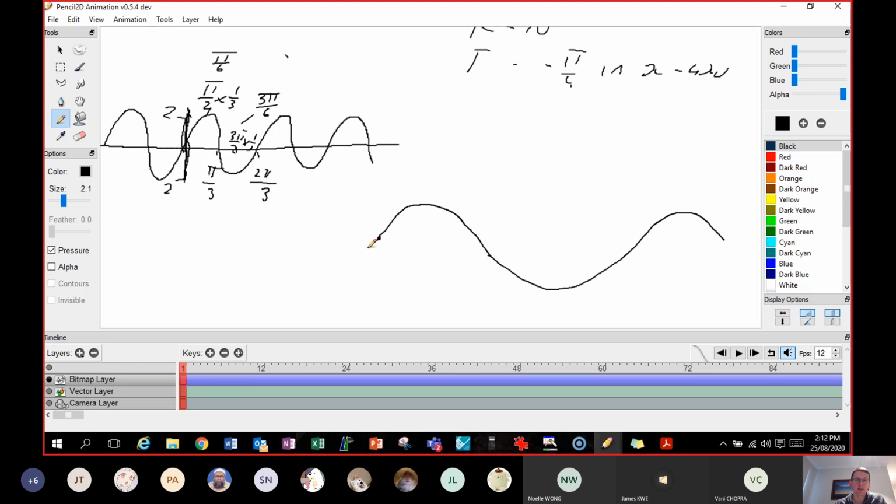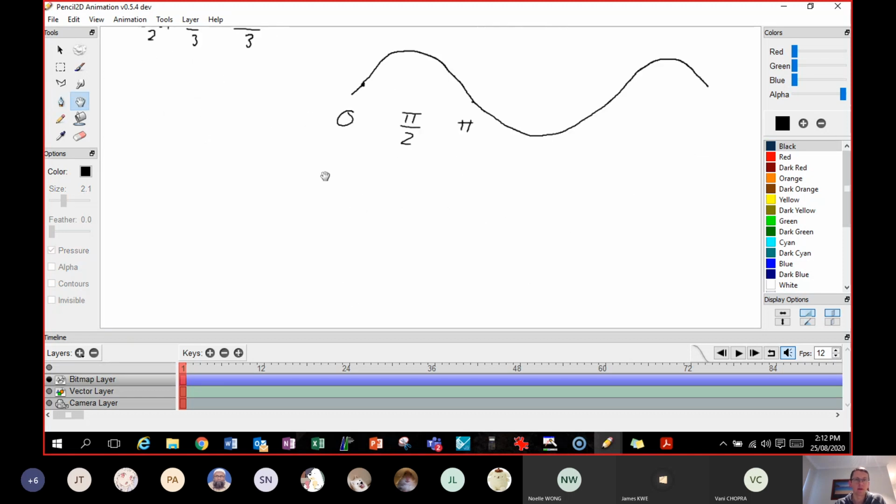But clearly here, you would be starting off normally at 0, pi on 2, that would be pi. I should have written it down further. Here we go. 0, pi on 2, pi would be at this point. So I'm talking about these points.